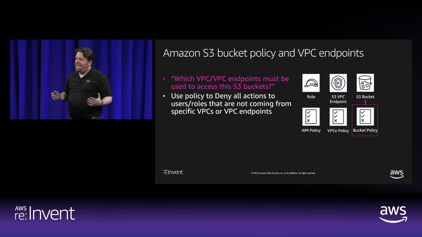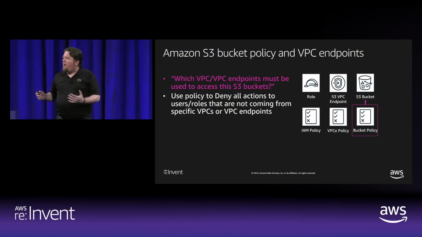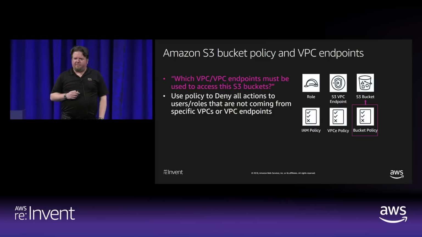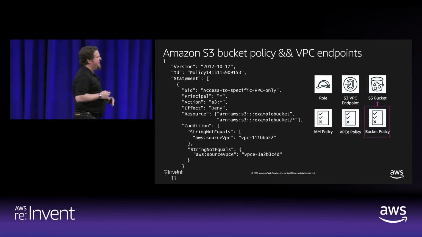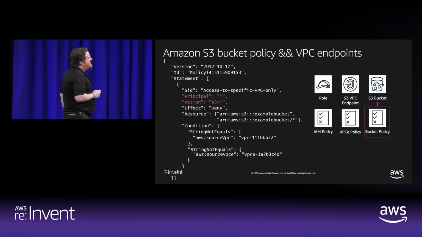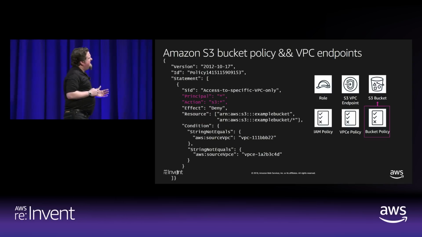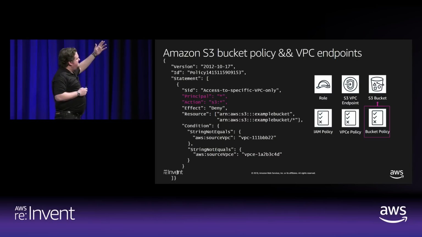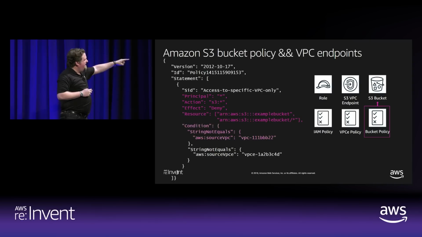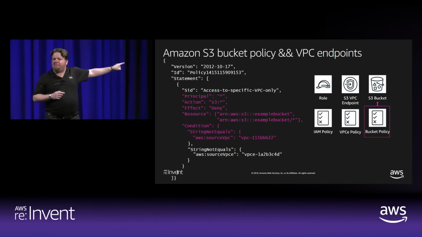You can bring these together with further policy language on the resource itself. So let's look at how a bucket policy can regard an endpoint. We're going to allow access to a specific VPC. We're going to say, all right, on this bucket, anybody and all actions, we're going to deny you access to this bucket where it's not coming from my VPC.